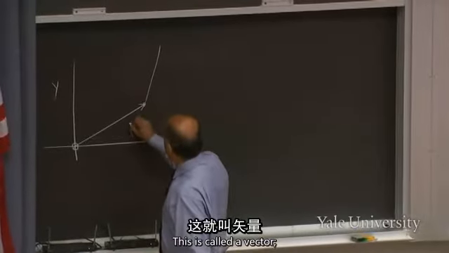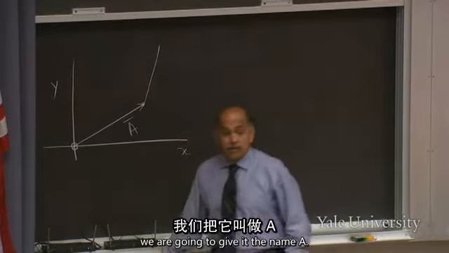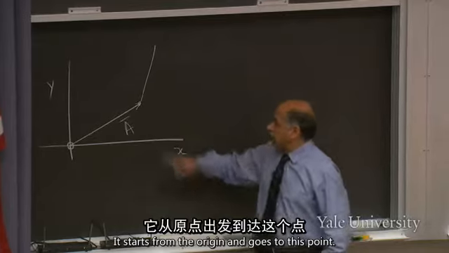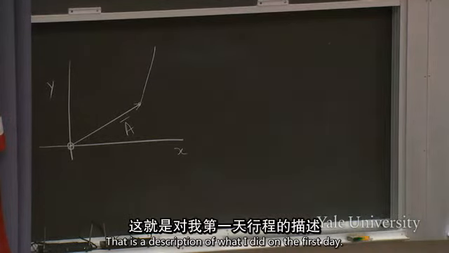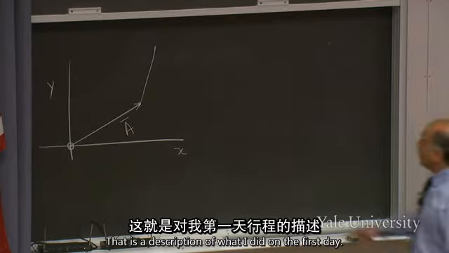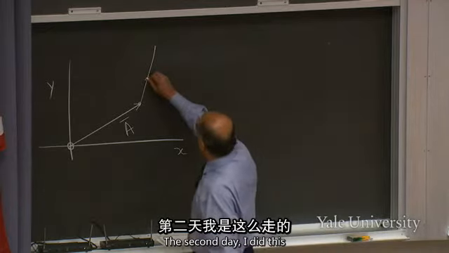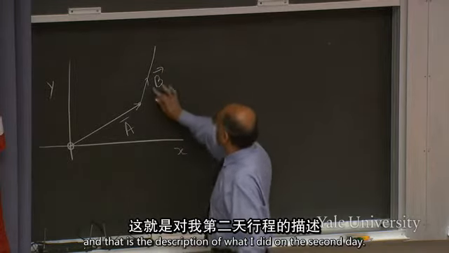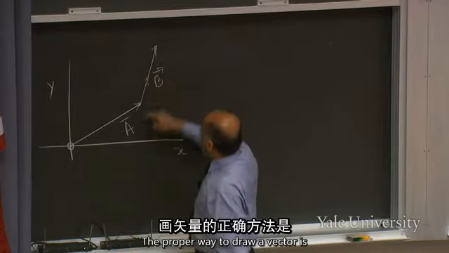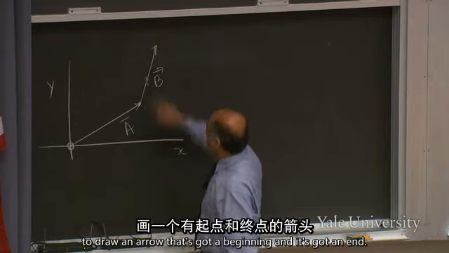This is called a vector. I'm going to give it a name A. It starts from the origin and goes to this point. That is a description of what I did on the first day. And the second day, I did this, and that is the description of what I did on the second day. In fact, proper way to draw a vector is to draw an arrow. It's got a beginning, and it's got an end.